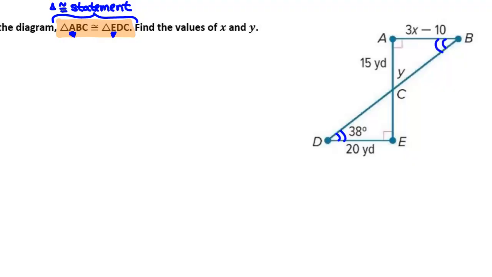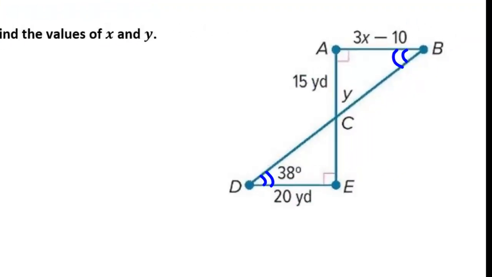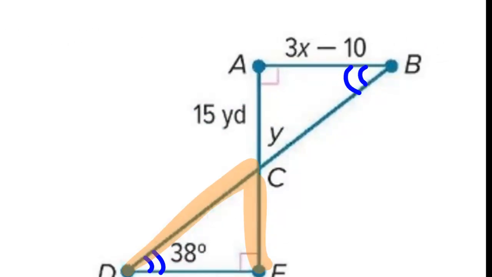C and C. Or if I wanted to be really clear about it, the angle in the top triangle is ACB, and the angle in the bottom triangle would be DCE. So it's talking about these vertical angles here. This angle is congruent to this angle.